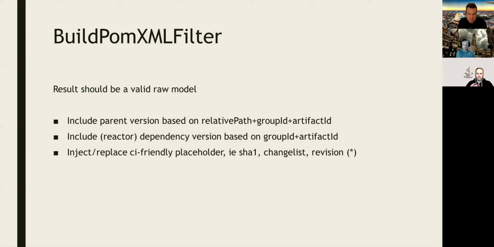Only what is on disk is being distributed, so you kind of lose that information basically. Yes, you do. That's the whole problem. So if you would ask me whether we should have supported CI-friendly placeholders, I would say, well, maybe as a feature toggle. We were probably a bit too early to release it. But now that we have this build POM XML filter, we should be able to fix this. Actually, I can prove it already that it works.